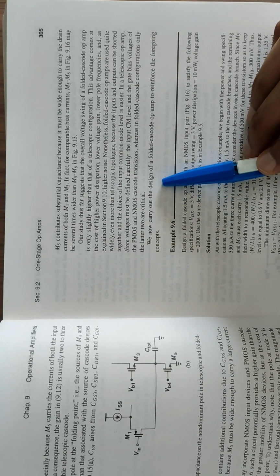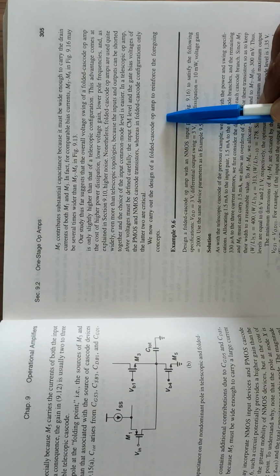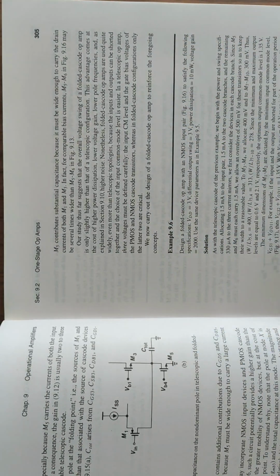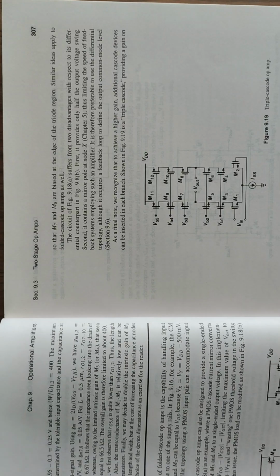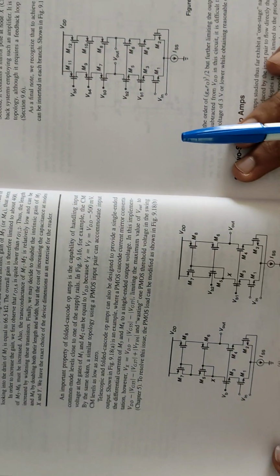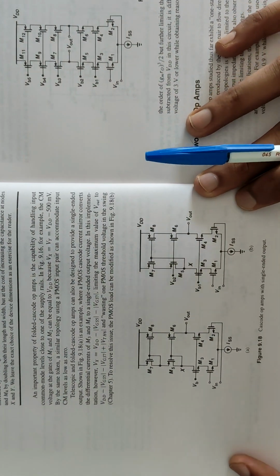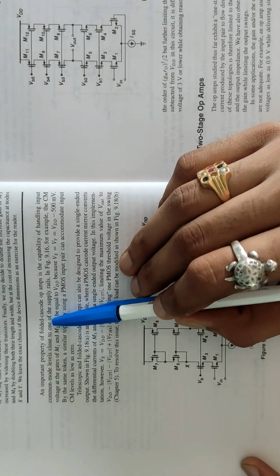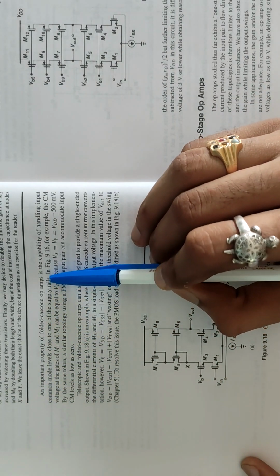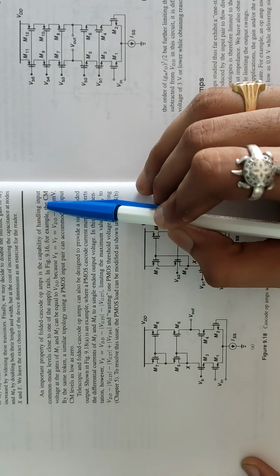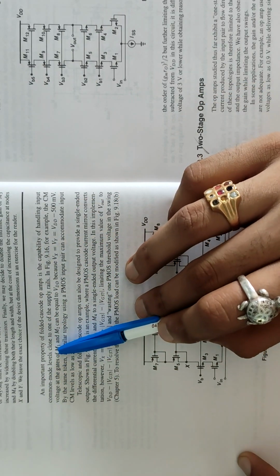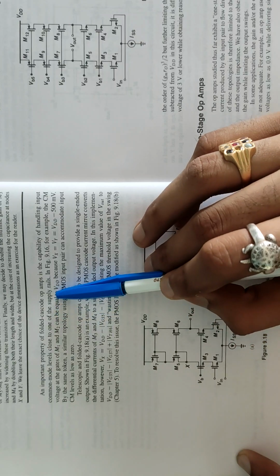Now we carry out the design of a folded cascode op-amp to reinforce the foregoing concepts. An important property of folded cascode op-amps is the capability of handling input common mode levels close to one of the supply rails.